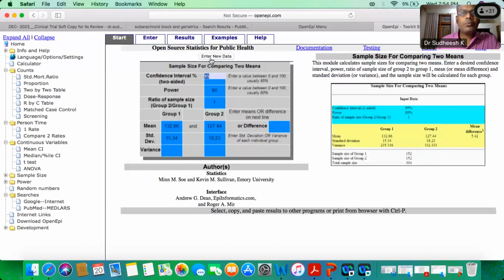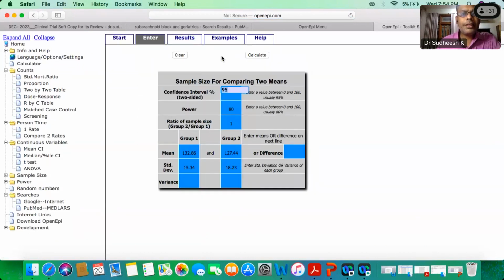I go to enter new data. The confidence interval is nothing but the opposite of alpha error. If I keep a confidence interval of 95, that means I am considering an alpha error of 5%. I keep power at 80%, and the ratio of sample size between the two groups at 1. That means there should be an equal number of patients in group A and group B.